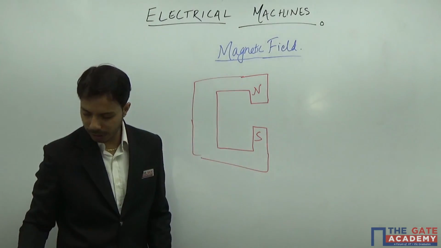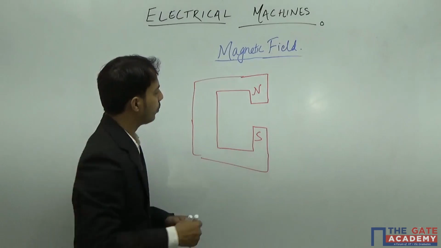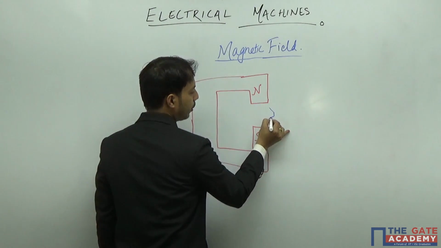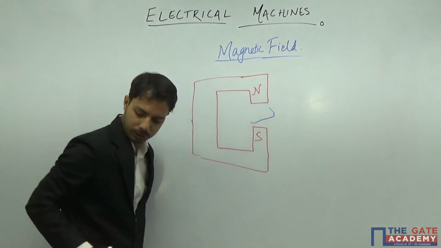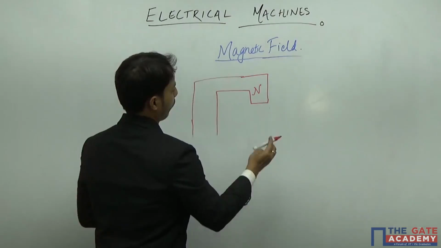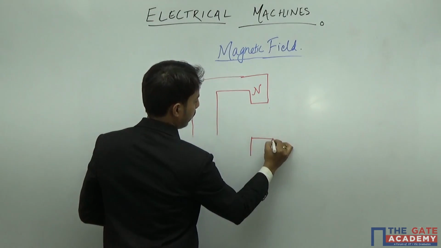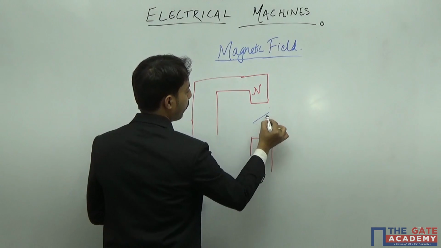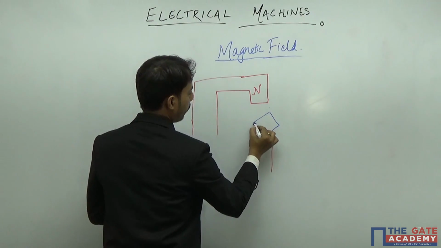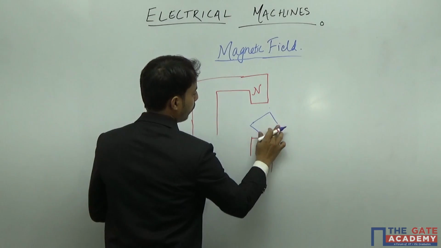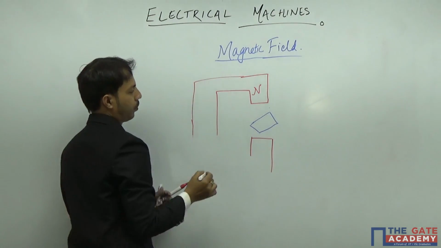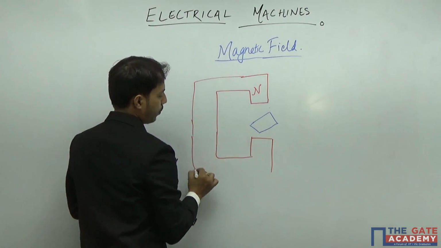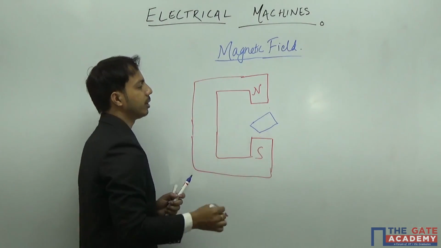Now suppose I have blades positioned, let us draw it in a proper way. Say this is my blade. This is my north pole and this is my south.